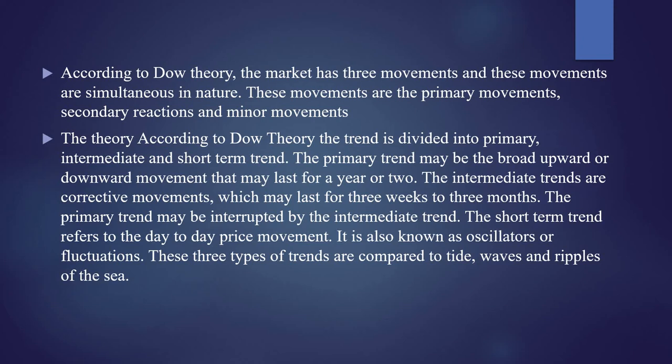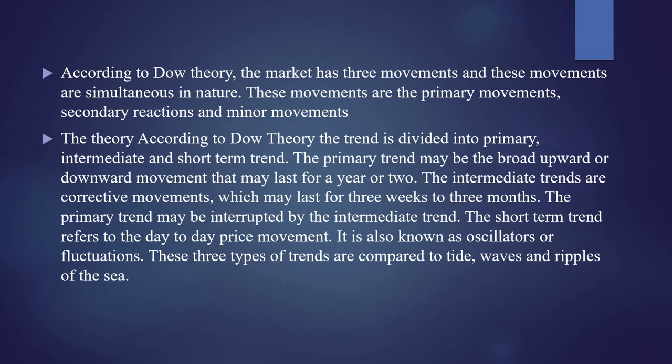So in the Dow theory, we see three price movements, which are divided into three sets. One is the primary movement, the second is the secondary movement, and the third is the tertiary or minor movement. According to Dow theory, the trends are divided into primary, intermediate and short term trends.